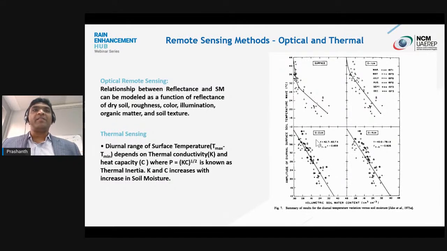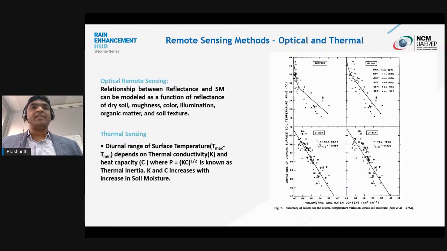If you know roughly these parameters, you can develop a model that can infer the relation between the reflectance and the soil moisture content in optical remote sensing. But it is extremely tedious to get all these parameters, and moreover, it doesn't work when you have clouds.